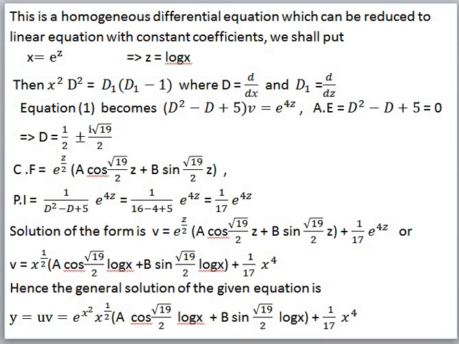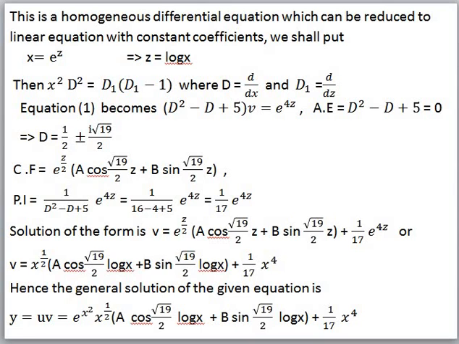So equation 1 becomes (D1² minus D1 plus 5)v is equal to e^(4z). Here the auxiliary equation is D² minus D plus 5 equal to 0, which is a quadratic equation.